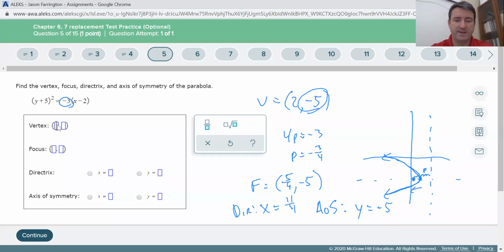We've got a vertex at 2, -5, a focus at 5/4, -5. And our directrix is x equals 11/4. And our axis of symmetry is y equals -5.